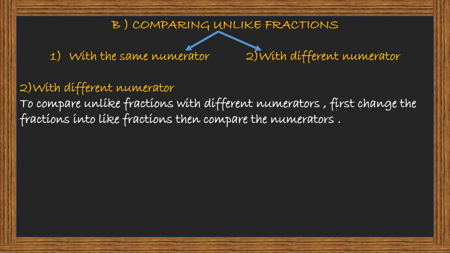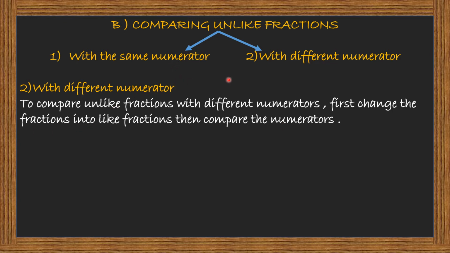Now to compare unlike fractions with different numerators, first change the fractions into like fractions, then compare the numerators. Previously, when we had the same denominator, we compared the numerators. When the numerator is the same, we look at the denominator and conclude.